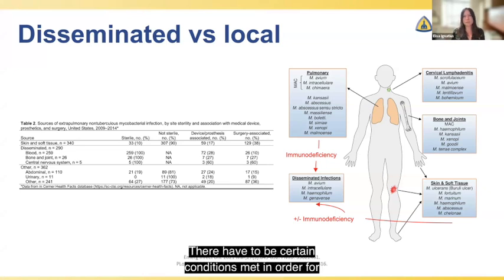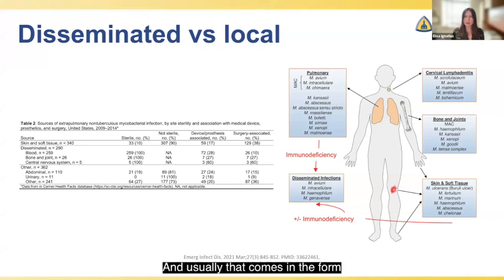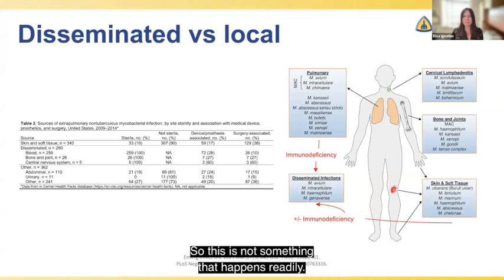There have to be certain conditions met in order for that to be possible. And usually that comes in the form of either an innate immunodeficiency or an immunodeficiency that's caused by somebody being on very heavy-duty immunosuppressive agents. So this is not something that happens readily.